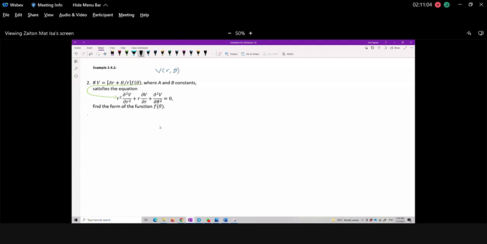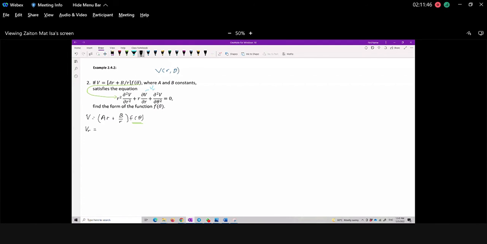So I will start by writing back this V. If we write it back, it is A r plus B over r, times f theta. VR is del V del r. So theta is constant, so we do not have to worry about this one, just write it back. Okay, constant.